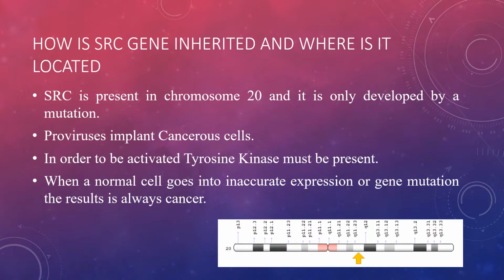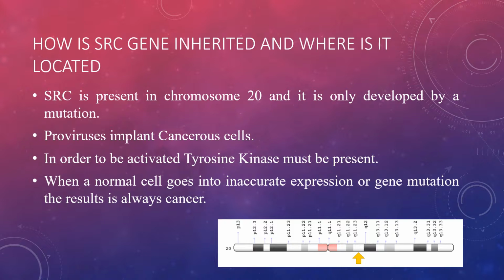How is the SRC gene inherited, and where is it located? So the SRC gene is present in chromosome 20, and it is only developed by mutation. When a normal cell goes into inaccurate expression or gene mutation, this always results in cancer.